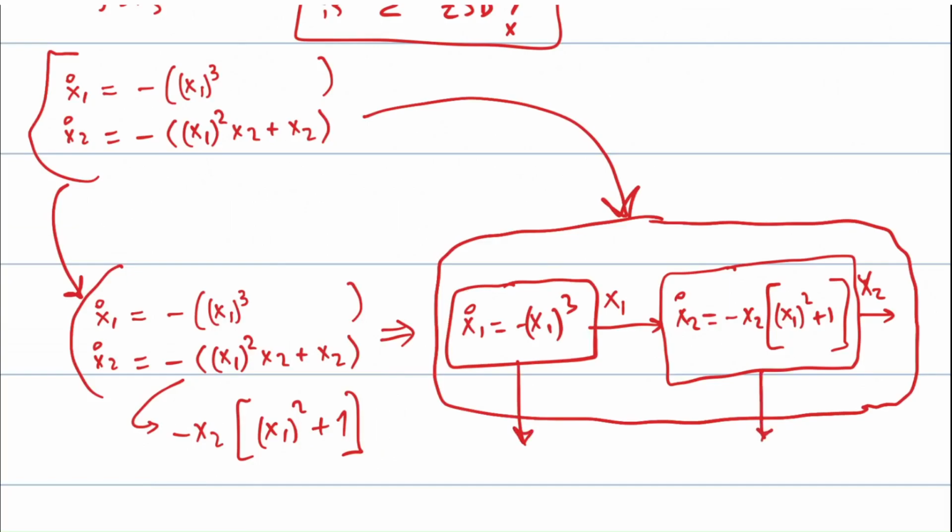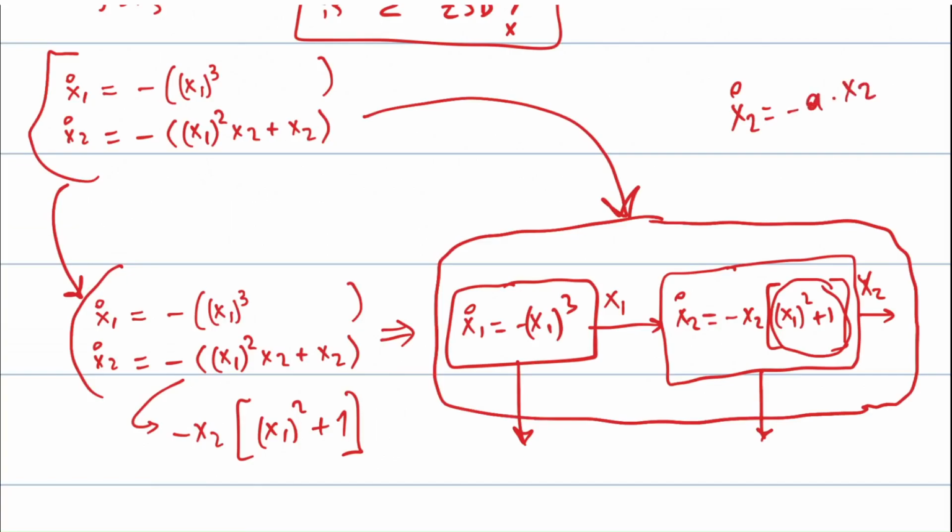x1 will be 0 asymptotically. This is obvious, right? x1 will be 0 as t goes to infinity. In the meantime we have a times x2.